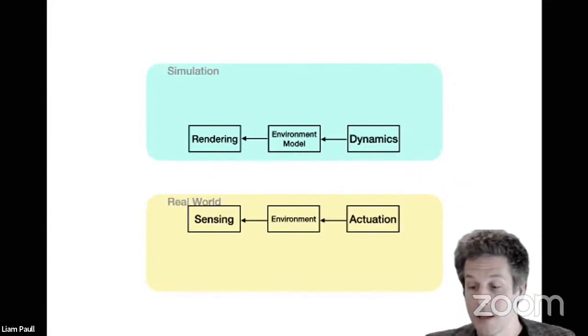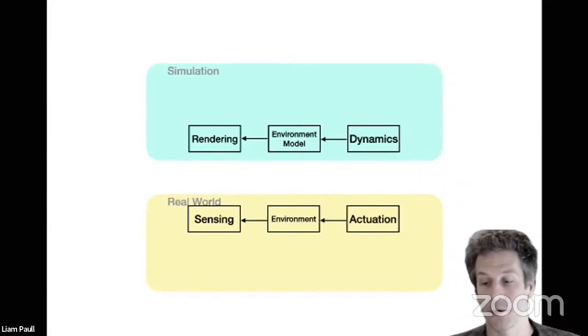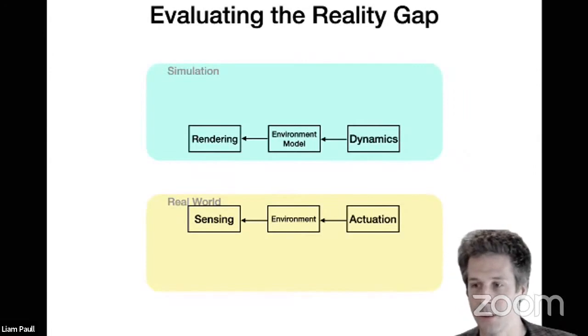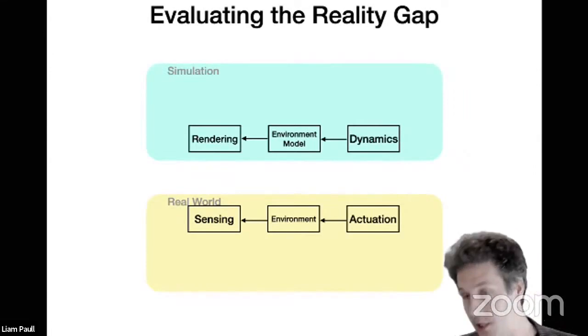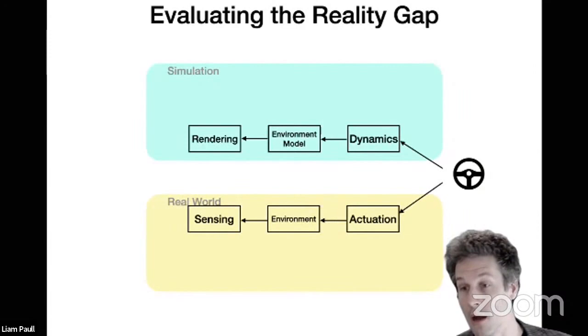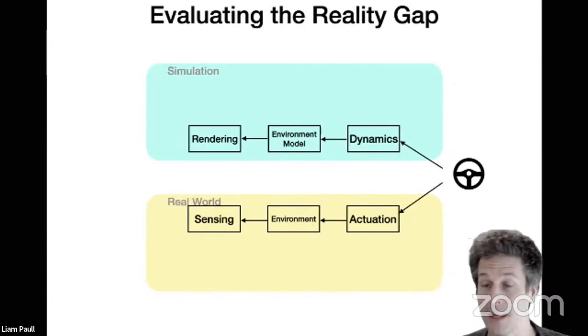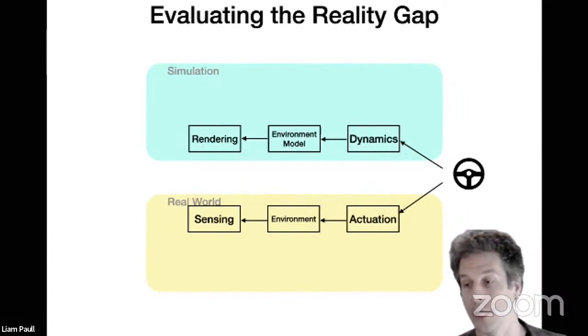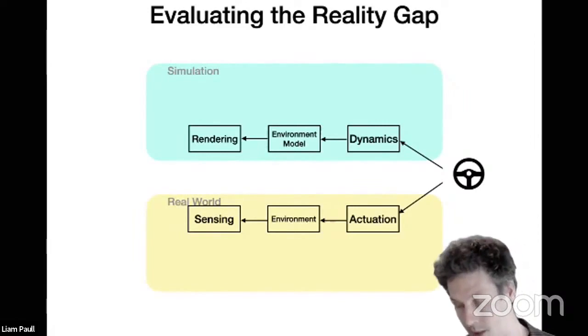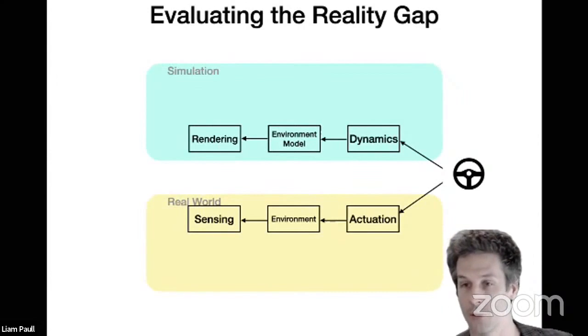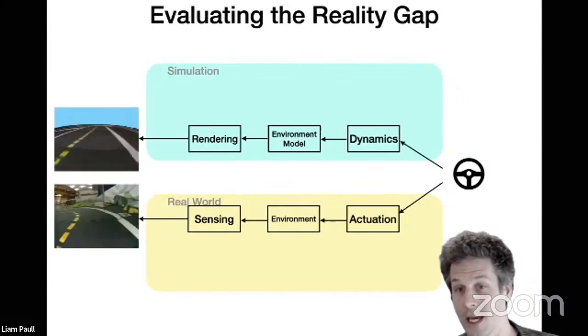But let's take a really naive stab at how we would evaluate this reality gap. The first thing that you might think to do is, okay, let's take some actuation values and feed the exact same actuation to both the dynamics model in the simulator case and the real system through the actuators. And let's look at what we get at the output.